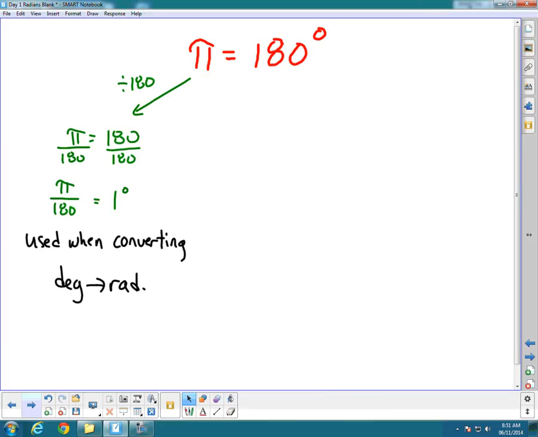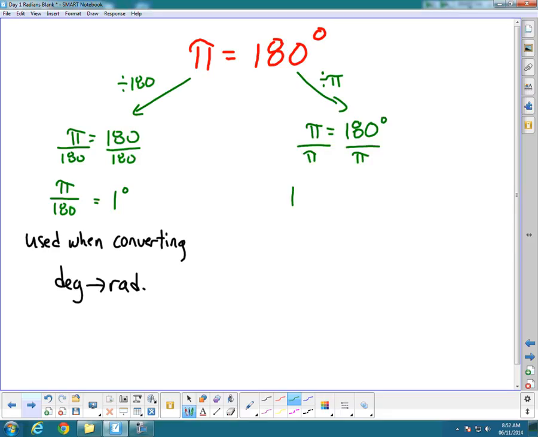We're going to look at using this a different way. Instead of dividing both sides by 180, I'm going to divide both sides by pi. So I have pi equals 180, and I divide both sides by pi. Over here we have 1 radian, because pi divided by pi is 1, and we have 180 over pi.